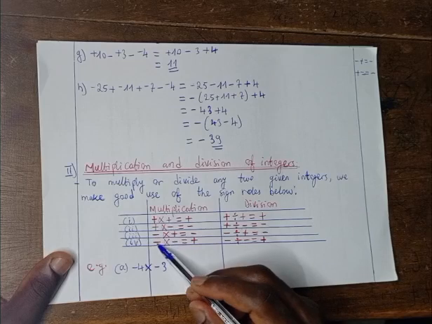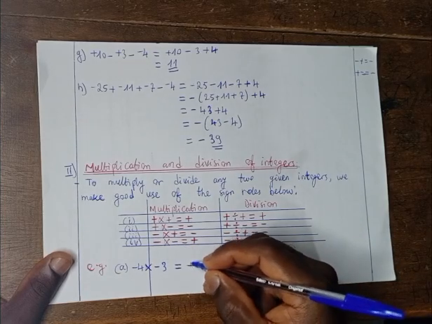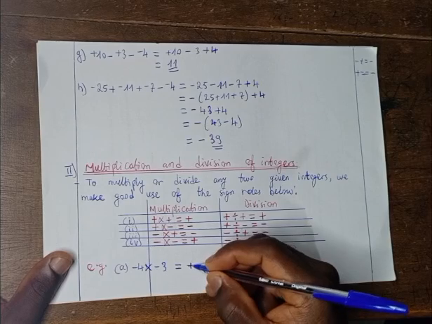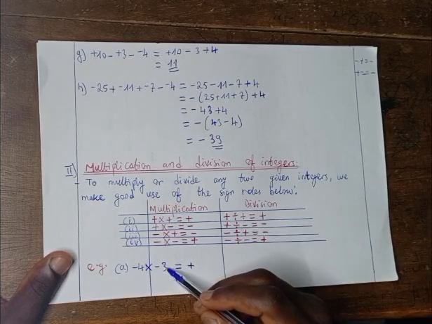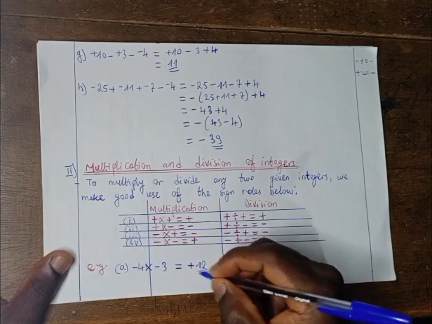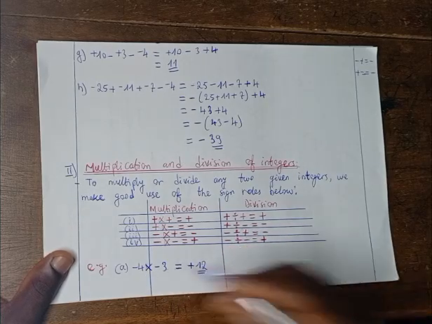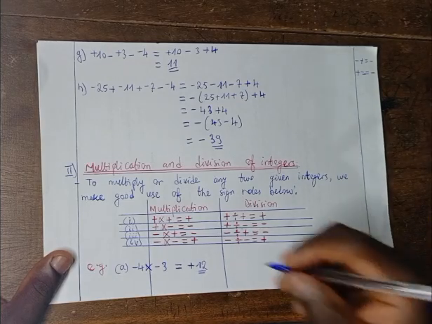We know when we multiply a negative number by a negative number, the result will be positive. So we are going to put a positive sign first. Then we take 4 times 3. You know 4 times 3 gives us 12. So if you multiply -4 by -3, the result will be positive 12.